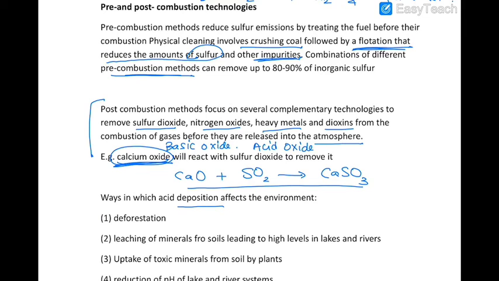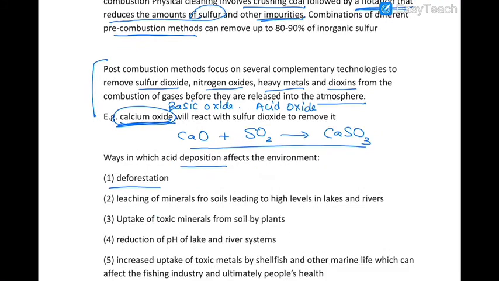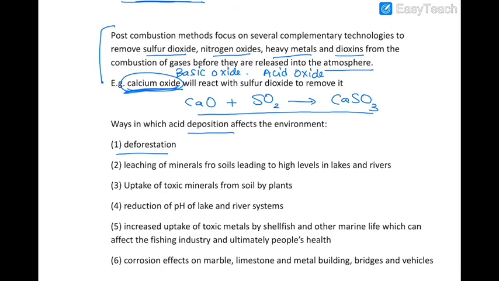Now, the ways that acid deposition affects the environment: it can cause a large number of trees in forests to be affected, so it can result in deforestation, and leaching of minerals from soils, leading to high levels of these minerals in lakes and rivers. Uptake of toxic materials from the soil by plants, so it's going to affect the plants.